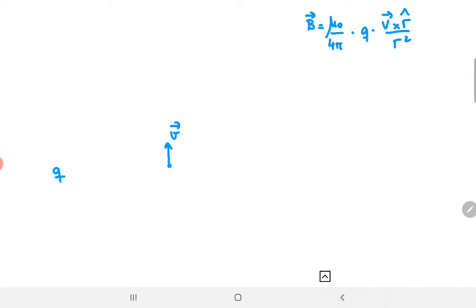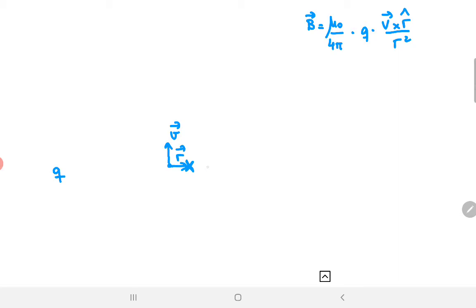We can start with a point here, and as this is r, the direction of the magnetic field has to be perpendicular to the screen. If you use the rule of the right hand, you will realize that if the charge is positive, the magnetic field is going into the screen.